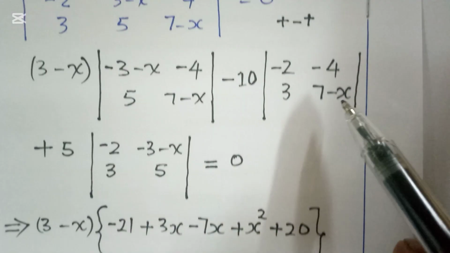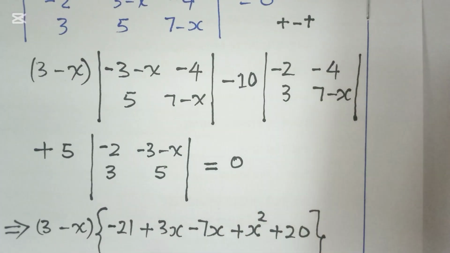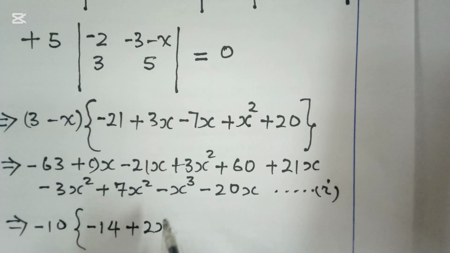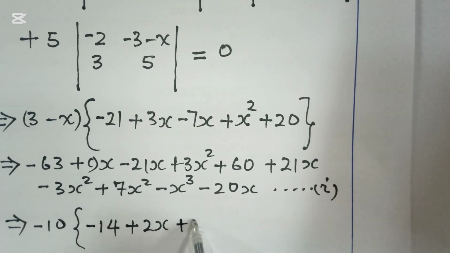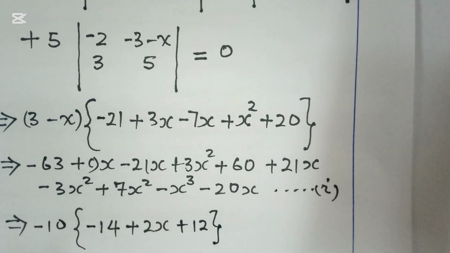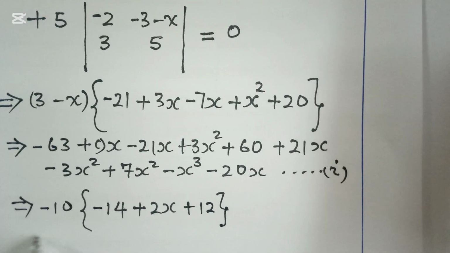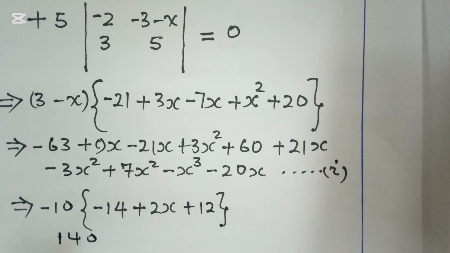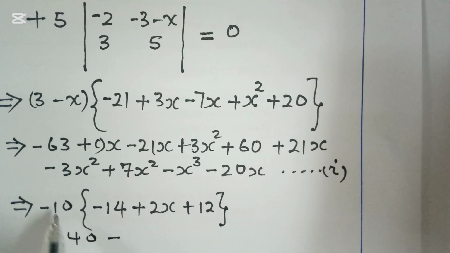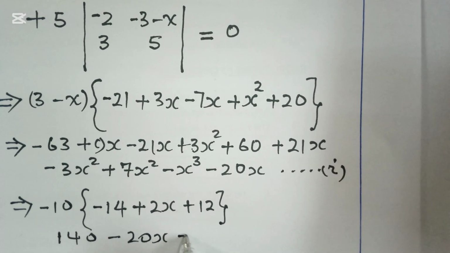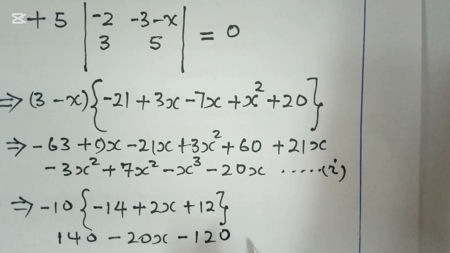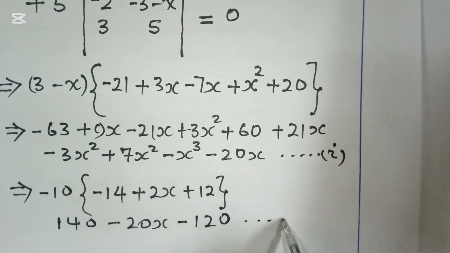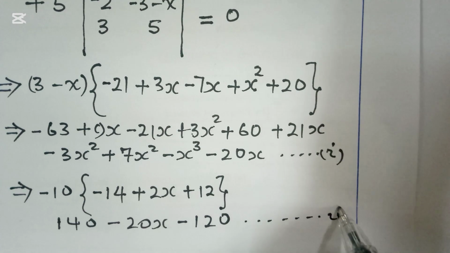We subtract negative 12, minus 12, which is plus 12. So that is now going to give us plus 140, minus 10 times 2 is minus 20x, and finally we have minus 120. So guys, this is now going to be our second equation.